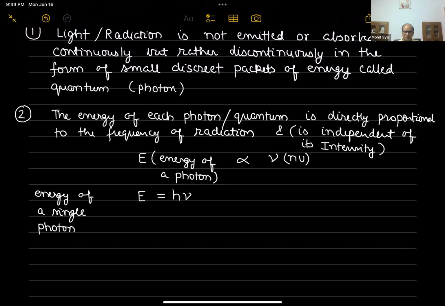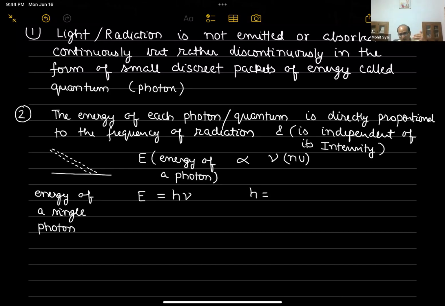For a particle of light, what is this h? Suppose I'm receiving light on my face. Imagine that a lot of photons are striking my face. It is not continuous, it is discontinuous, but you can see the light on my face continuously because a lot of particles are coming, very fast.